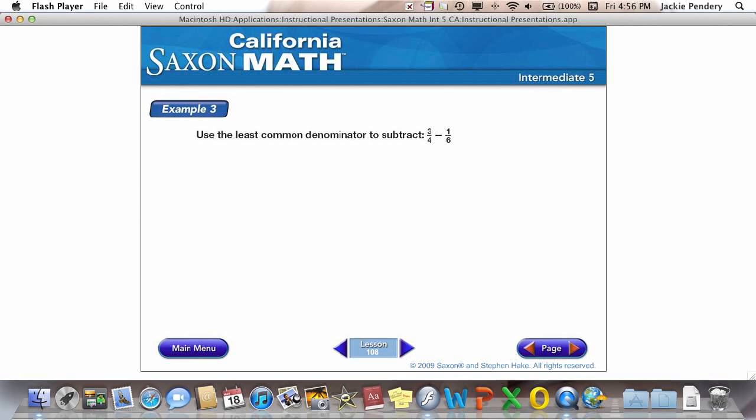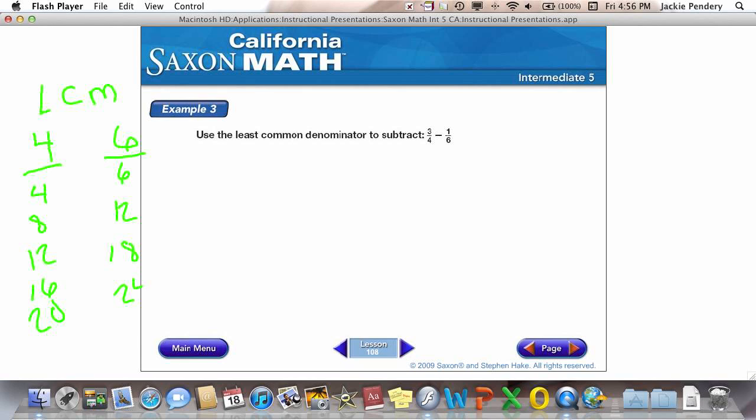Use the least common denominator to subtract 3/4 minus 1/6. Okay, so I start with finding my least common multiple of 4 and 6. 4, 8, 12, 16, 20, 6, 12, 18, 24, and I see that 12 is my least common multiple.